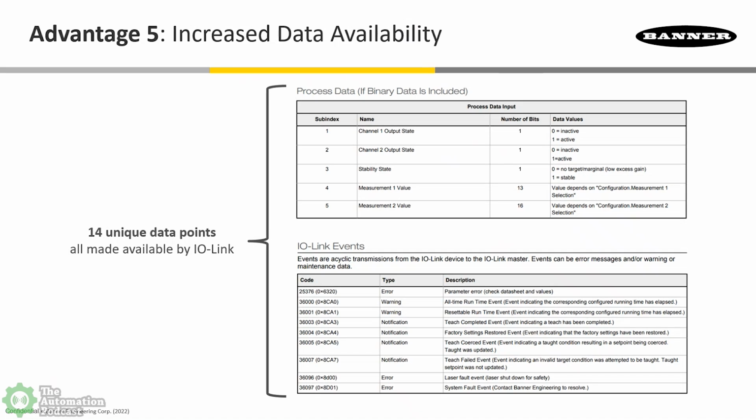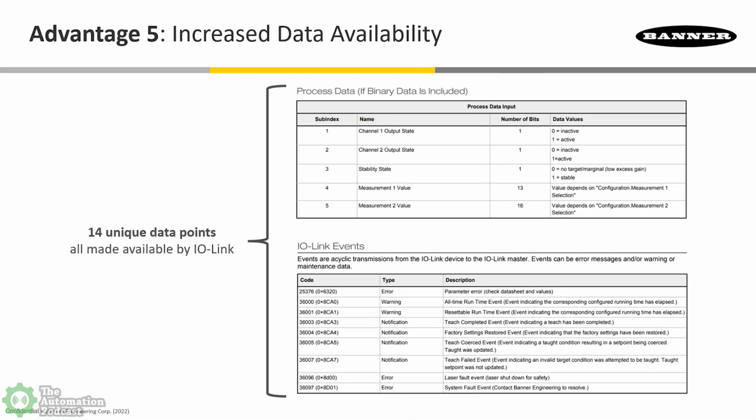Process data, what I was mentioning before, refers to the information that the device reads and transmits to the IO-Link master, such as on those laser measurement sensors I was talking about before. That would be the distance reading on the laser measurement sensor. Process data can also refer to the information that is transmitted to the device from the master, such as messages that might be sent to one of Banner's IO-Link tower lights, indicating which color segments should be lit up.